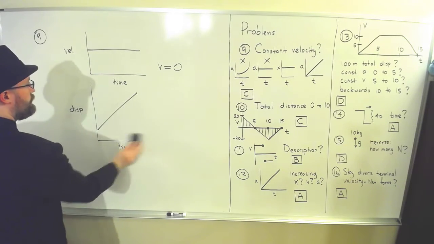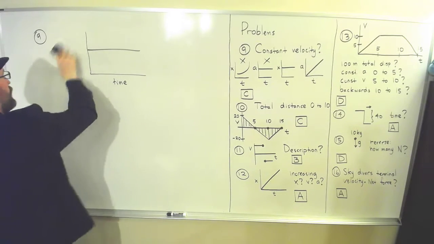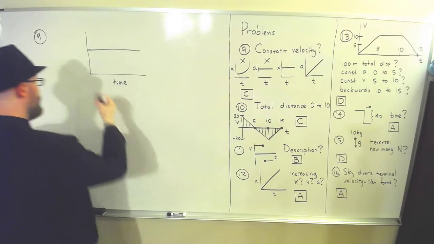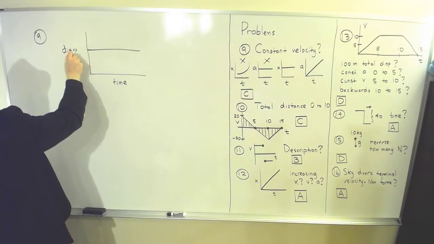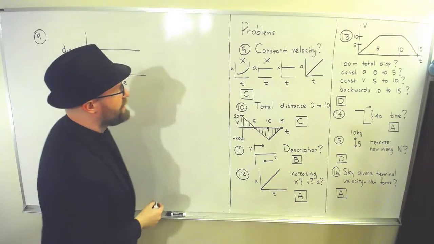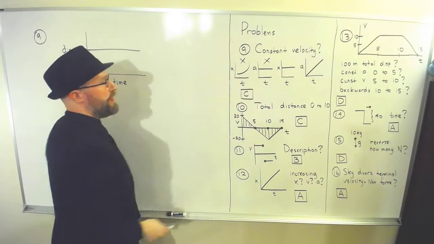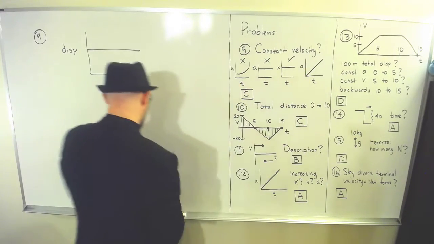But this is an even more special situation. It's not only a constant velocity, it's a constant position, or displacement. I keep changing those words around. So it's not only constant velocity, it's a zero velocity, constant at zero. So that one is yes.